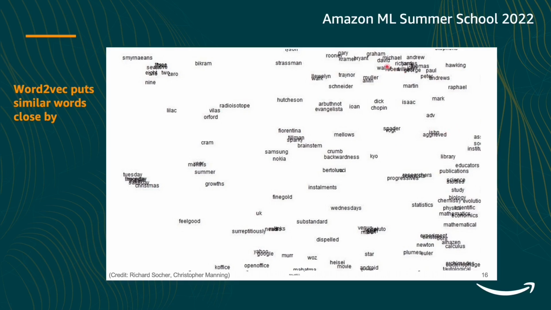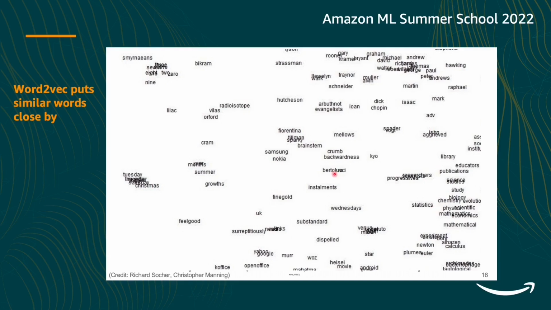On the top here, we can see that all the names of people are clustered together. On the right hand side, we see all the subjects like statistics, chemistry, mathematics, biology, all the subject names are grouped here.